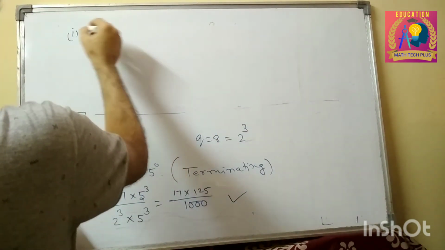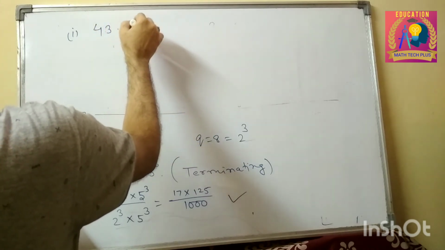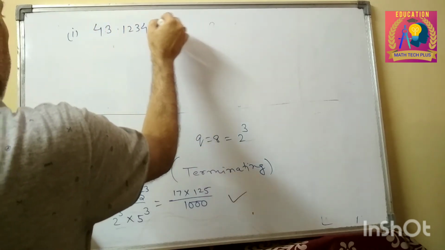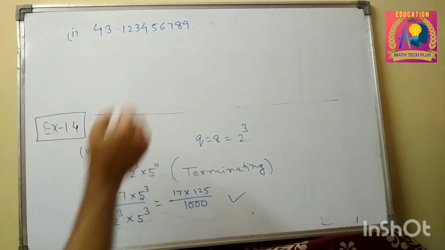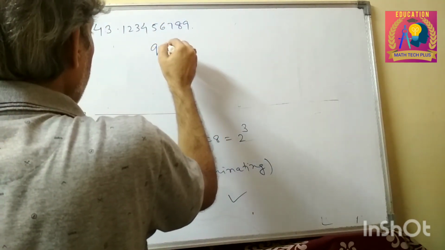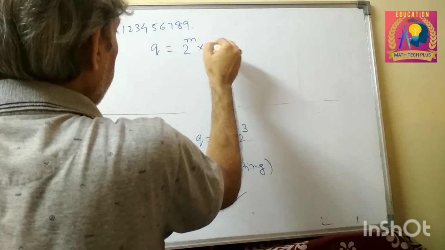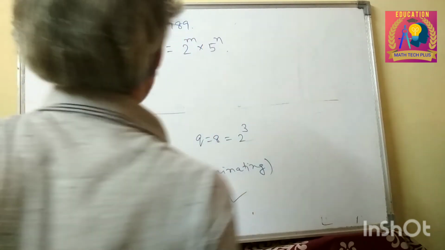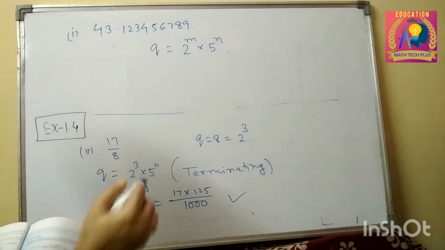First, 43.123456789. Since it is a terminating decimal, therefore Q will be of the form 2 raised to the power m into 5 raised to the power n, according to theorem 1.6 as stated above.